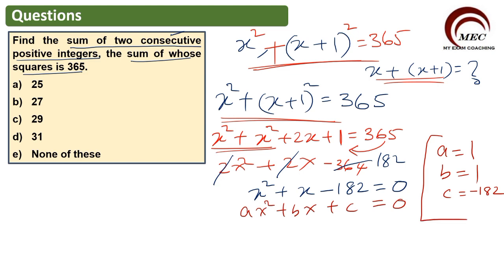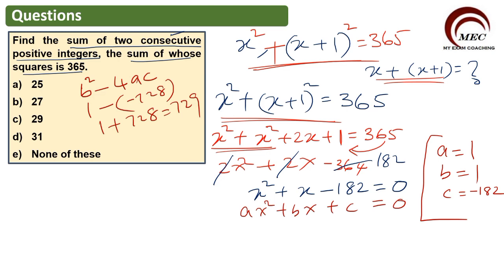Now once you got the values of a, b, c, you know how to find out the value of x using the quadratic formula. First we will find out b square minus 4ac. Here b square minus 4ac will be equal to 1 minus 4 times 1 times minus 182, that is 1 plus 728, which is equal to 729.